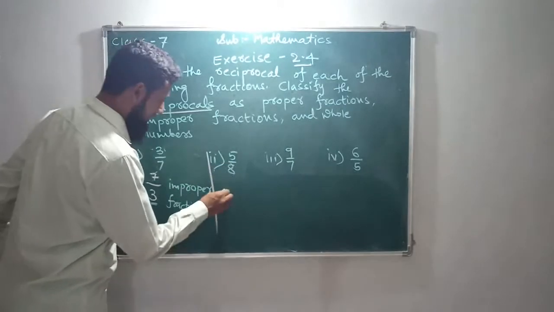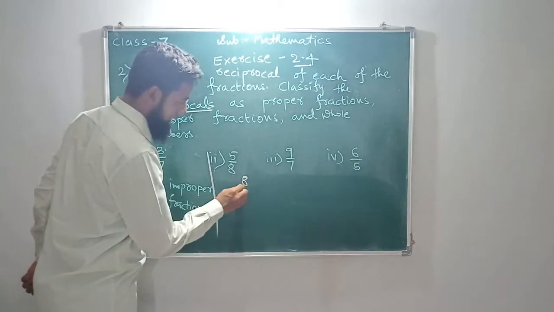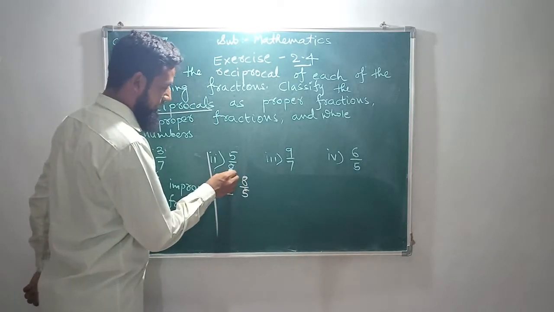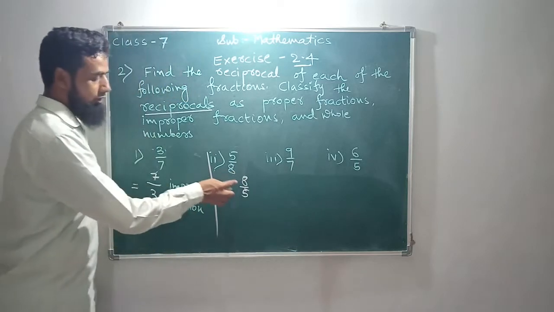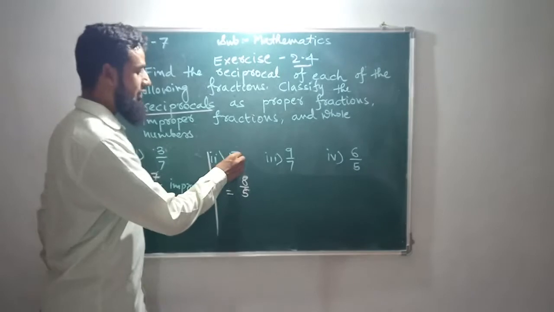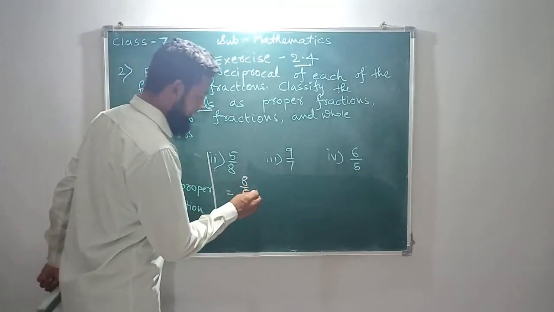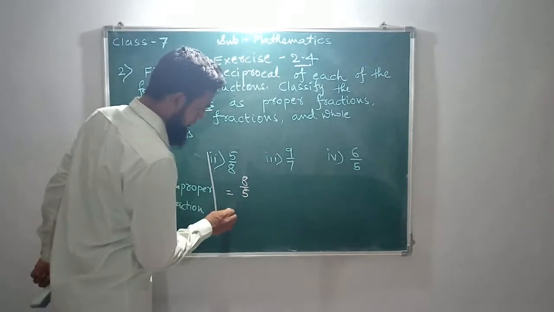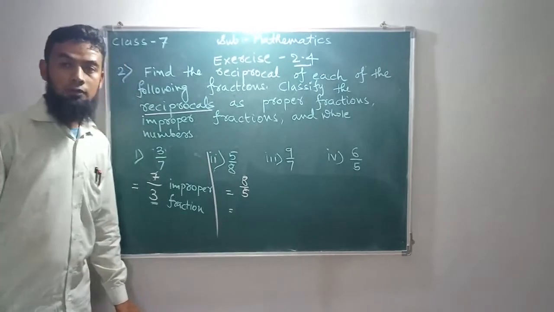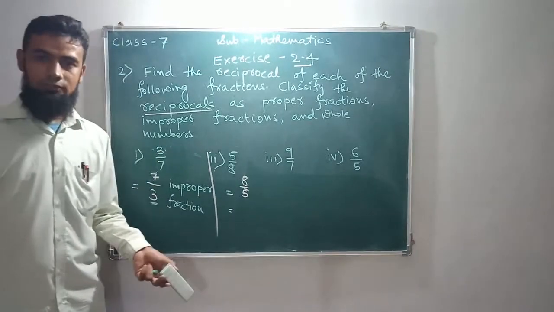5 upon 8. So we are going to interchange the places. So 8 upon 5. This was in the denominator, so we have written it in the numerator. And this was in the numerator, we have written it in the denominator. So tell me, which type of fraction is it, improper fraction or proper fraction?